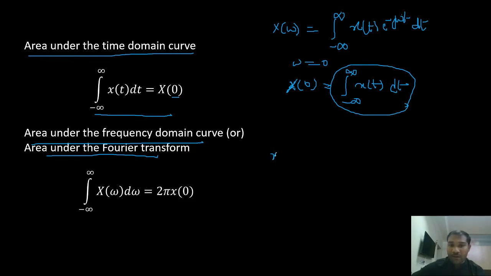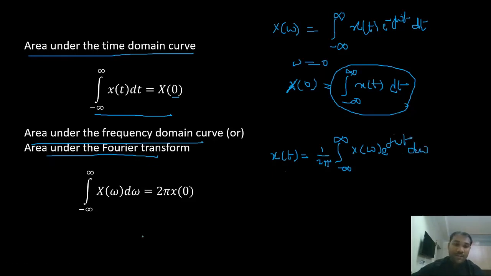Let me take the inverse Fourier transform formula. x of t is equal to 1 by 2 pi integral from minus infinity to plus infinity of X of omega e power j omega t d omega.